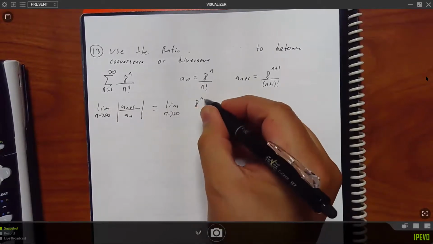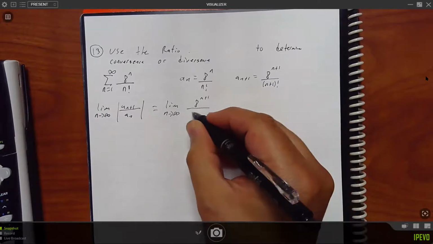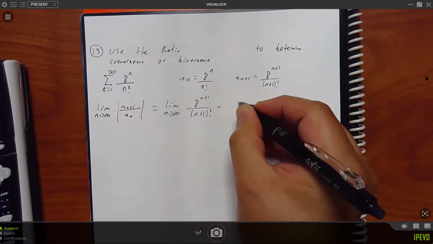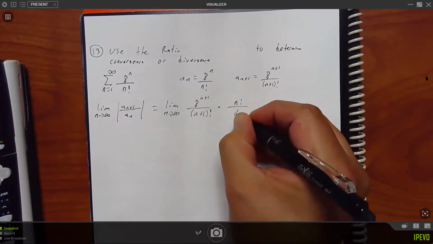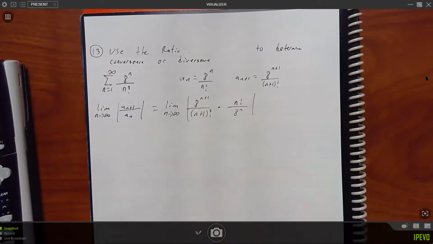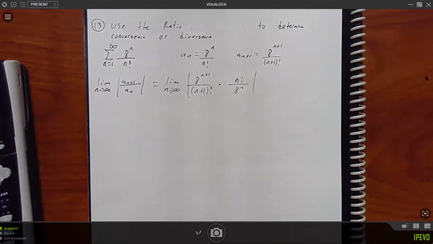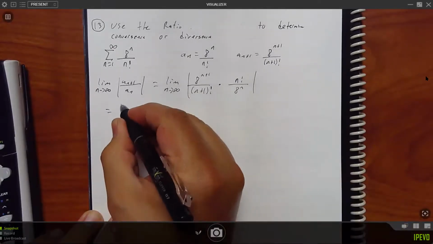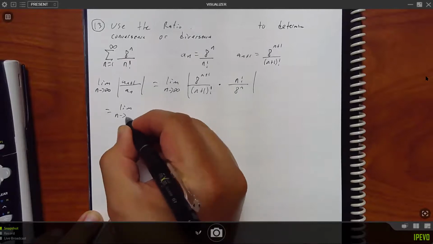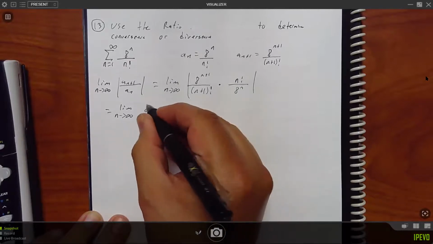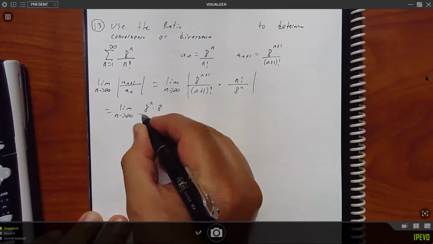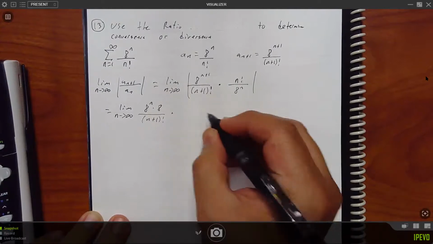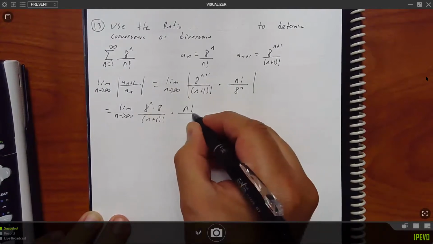So I'm going to skip the algebra here. Hope that's cool. Multiply by n factorial over 8 to the n. Technically still in absolute values, but it doesn't matter, there's no negatives. Do some algebra to simplify this. 8 to the n times 8 over n plus 1 factorial times n factorial.